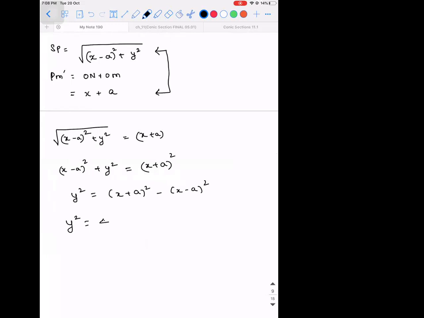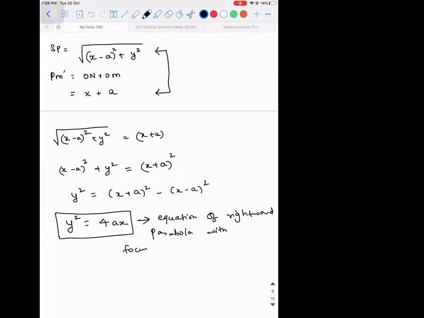It is 4ab. So y square is equal to 4ax is the equation of a rightward parabola with focus (a, 0) and vertex (0, 0).